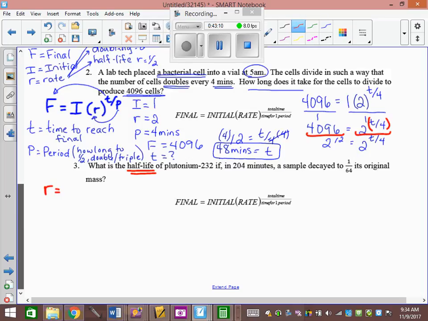Of plutonium-232. Do you know how many people I have putting initial value as 232? No, plutonium-232 is a thing. It's an isotope or something, isn't it? We're going to call it that. And if someone watches this and says it's not, meh, I don't care. It's an isotope of plutonium, isn't it?